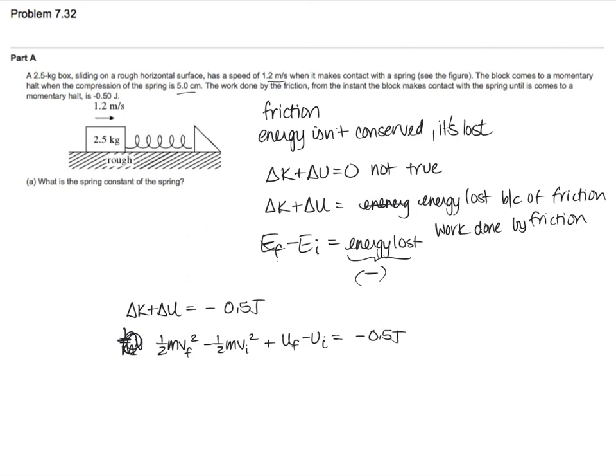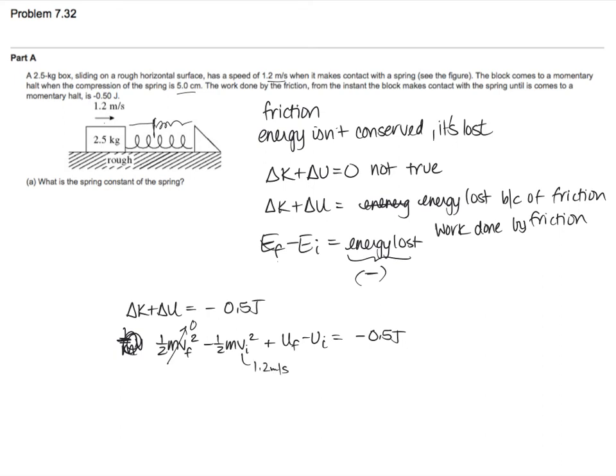Now our final velocity: it's initially moving with 1.2 meters per second. It's going to compress the spring, and when it does, it comes to a stop. So the final velocity is actually 0, so it doesn't have any final kinetic energy. The initial kinetic energy is associated with the speed of 1.2 meters per second.